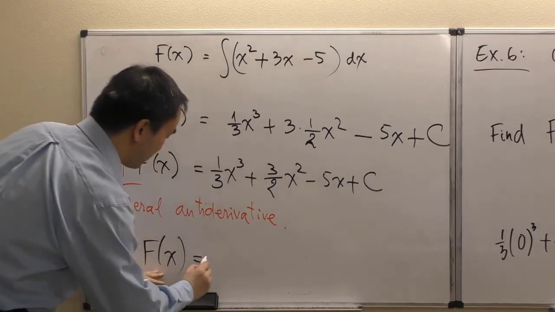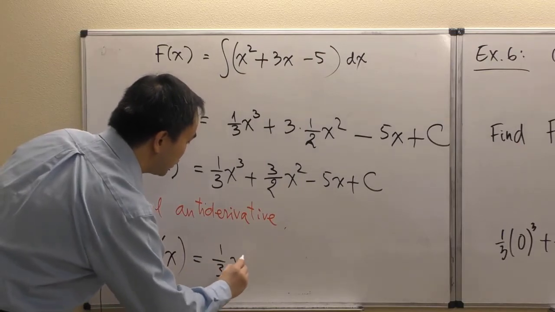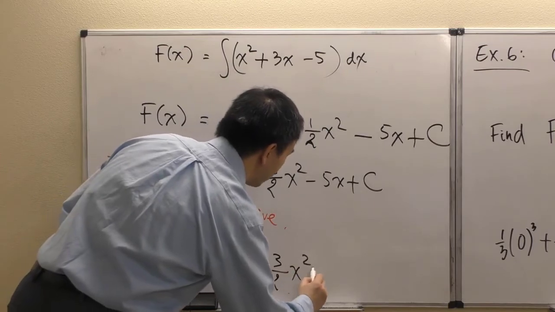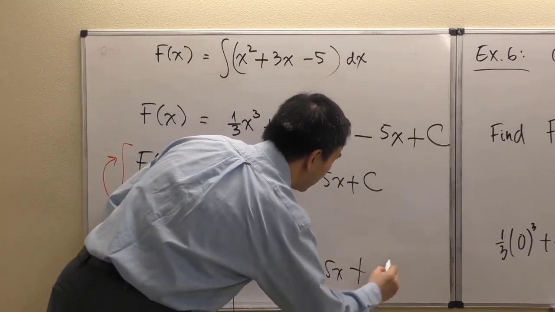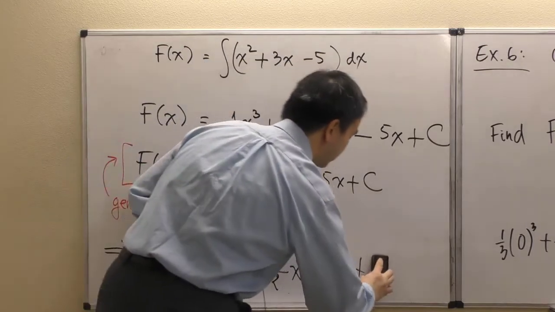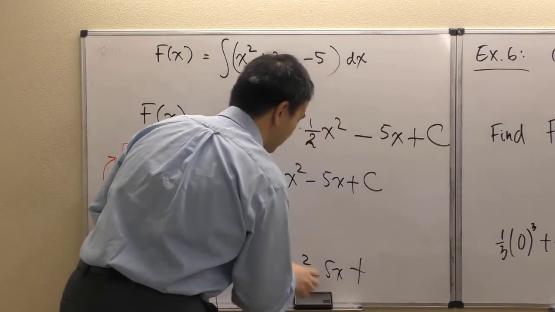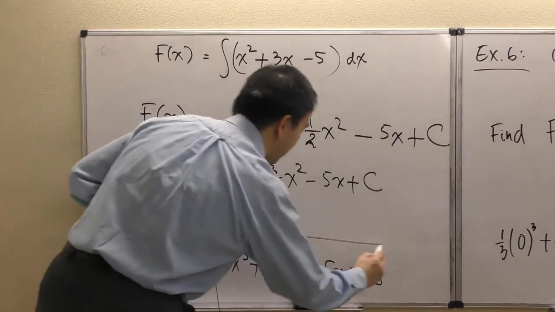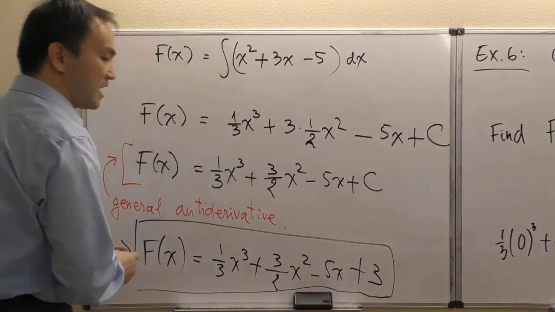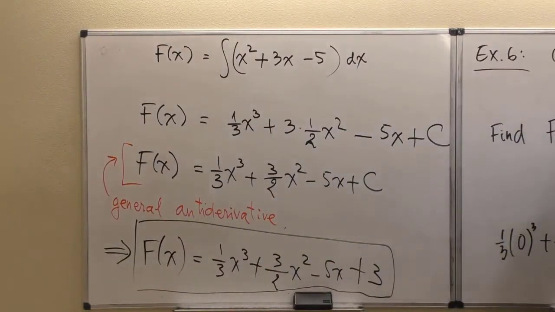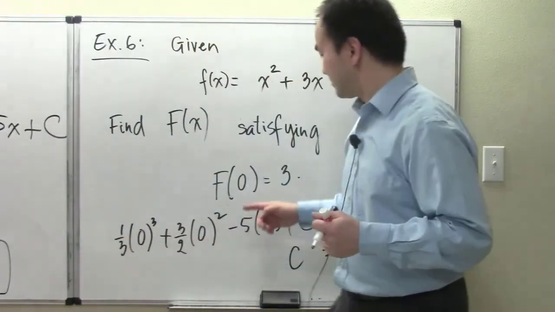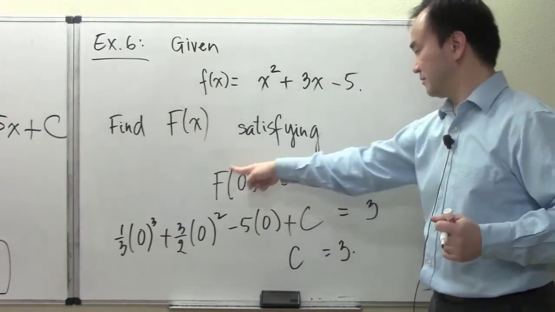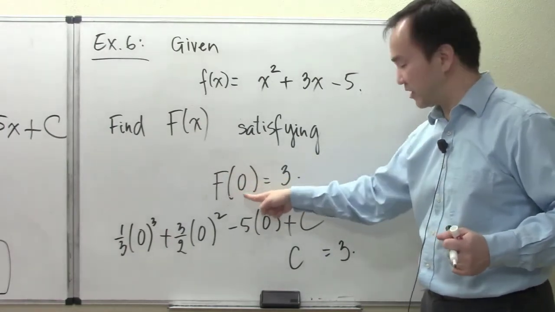That function we have found here is 1/3 x cubed plus 3/2 x squared minus 5x, but now plus 3. So this is the answer that satisfies being a capital F of x, where when x equals 0, capital F of 0 equals 3.